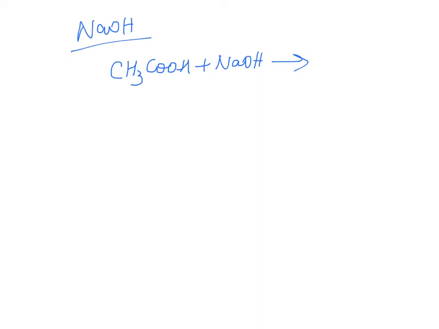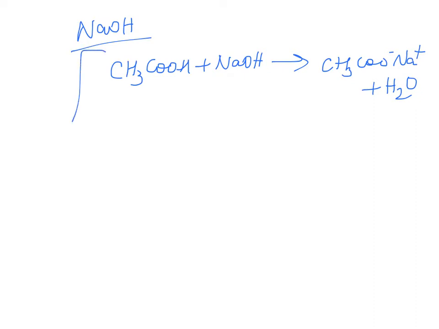You will say that acetic acid will neutralize the base, so it will generate CH3COONa, and H2O will be generated as the byproduct. So one can say that as long as the amount of the added sodium hydroxide is less than the amount of acetic acid in terms of moles, then the buffer is going to be able to neutralize that.